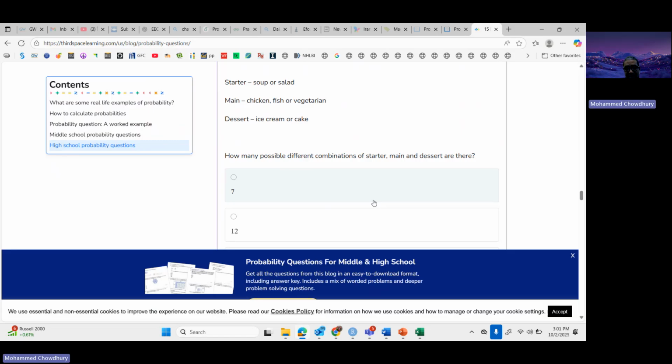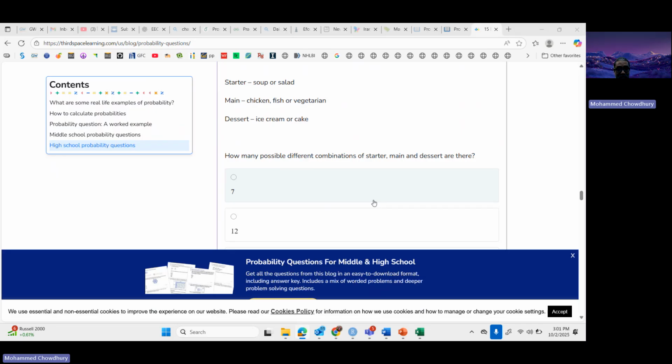The question is asking how many possible different combinations. So that means you are choosing one from each. So that means 2 choose 1 times 3 choose 1 times 2 choose 1, right? It is the basic principle of counting, right?